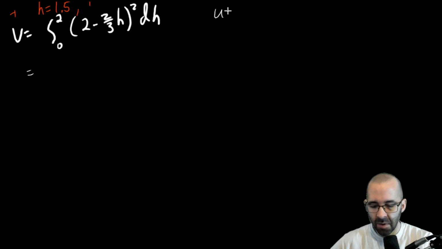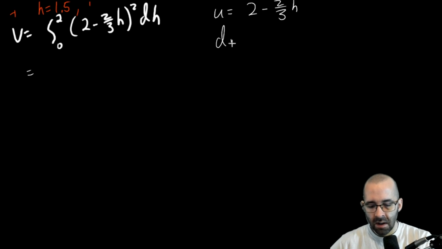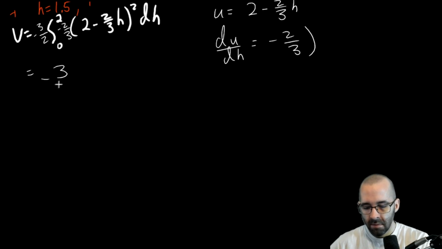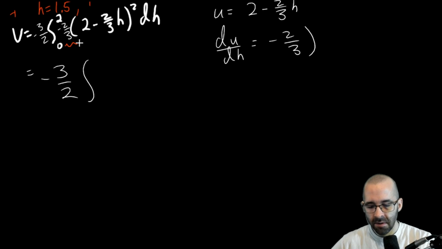You can FOIL it out if you want. Let u be 2 minus 2/3 h. Then du/dh equals negative 2/3. So we need a negative 2/3 here, which means we need a negative 3/2 out here. And then look what happens. Negative 2/3.